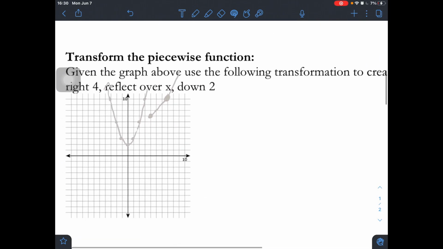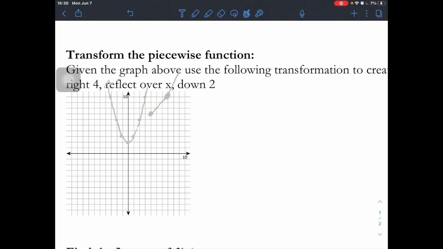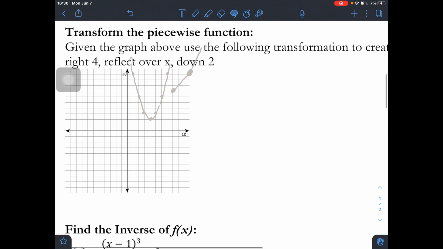We have to move this to the right 4, so let's just take this entire thing and move it over to the right. 1, 2, 3, 4. So it would look like that. You have to reflect it over the x-axis, so we just have to do a perfect reflection like this.